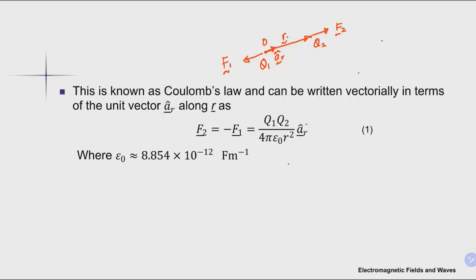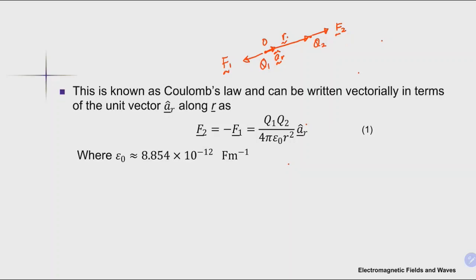So if the charges are both of the same magnitude, you can see that Coulomb's law in vector form will sort itself out. If I have Q1, Q2 positive, then we know that equal charges will repel, forcing each other away from each other. So F2 will be in the direction we expect it to be.